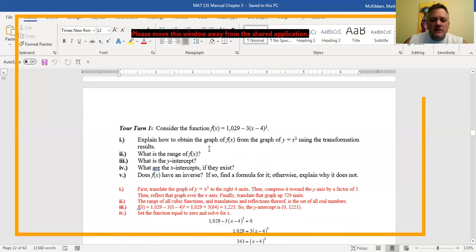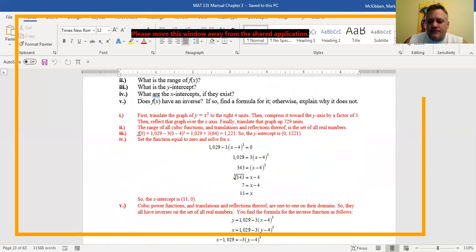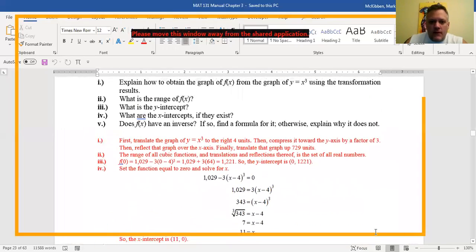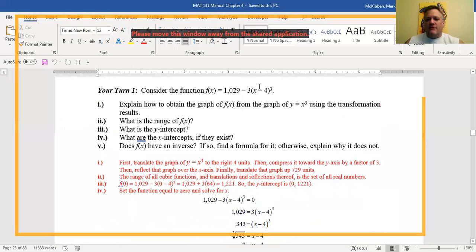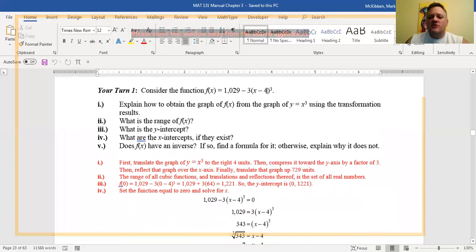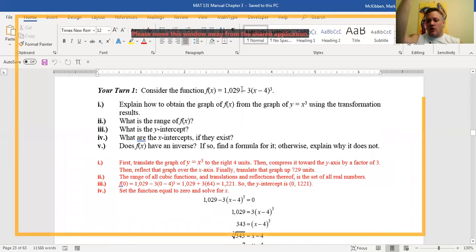Okay, so let's look at it. To get this graph, we're starting with x. We're subtracting 4 from it, so I'm going to move it to the right 4 units. The coefficient of 3 here is going to make it rise that much quicker, so it's going to go quicker up.